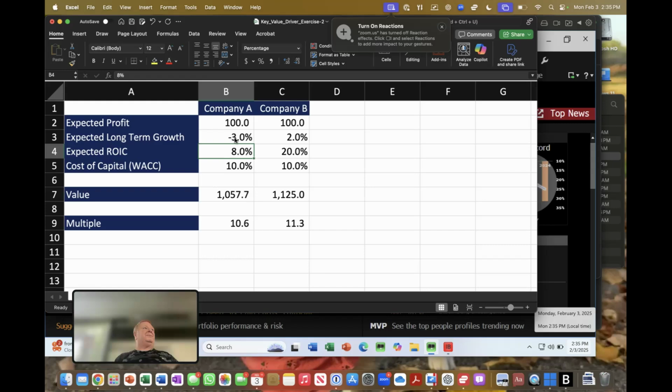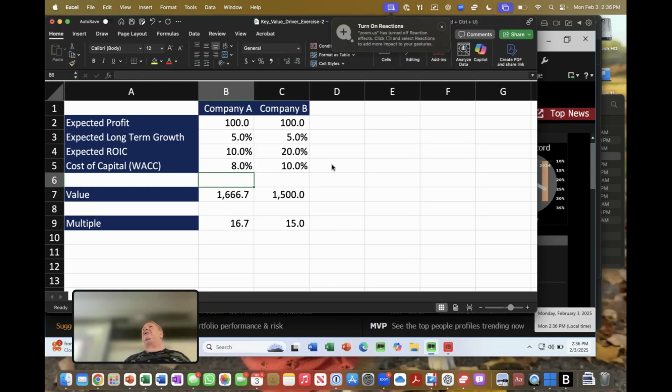Questions? All right, so there is a last scenario. This one's more sophisticated. What happens when the cost of capital goes down?